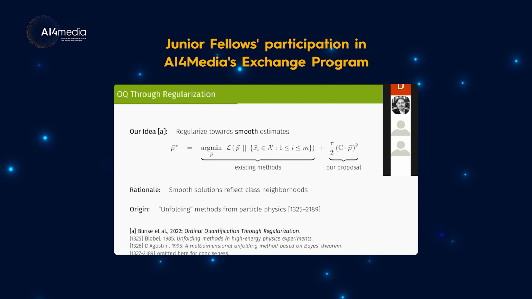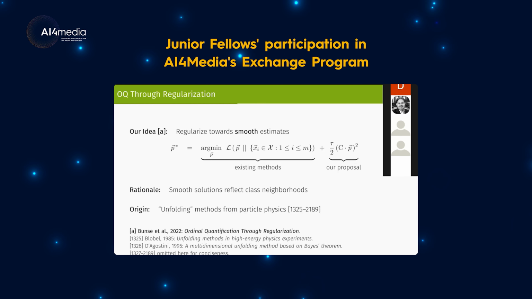However, they call quantification, or supervised class prevalence estimation, unfolding, which has prevented the two research communities from computer science and from astroparticle physics from drawing connections. It has prevented them from seeing that, mathematically speaking, what they solve is essentially the same problem.